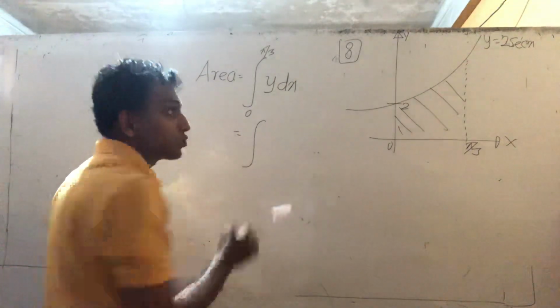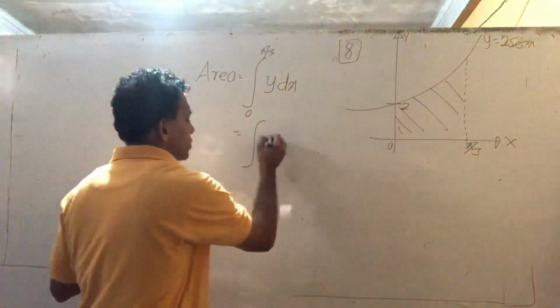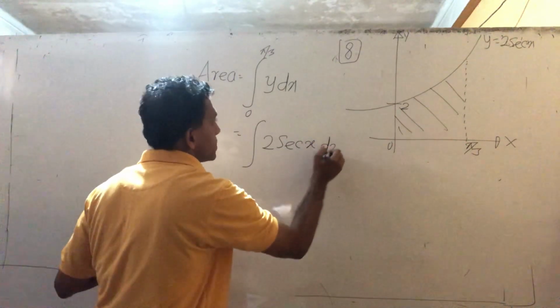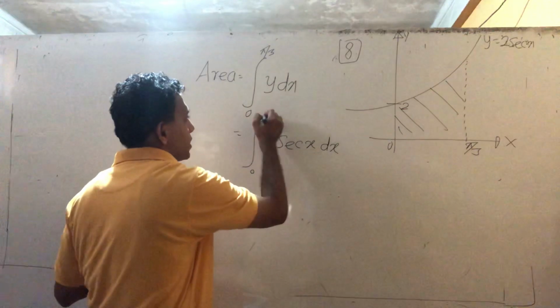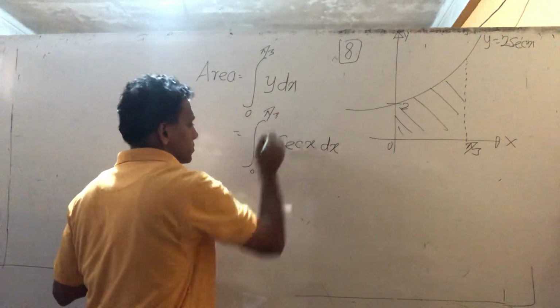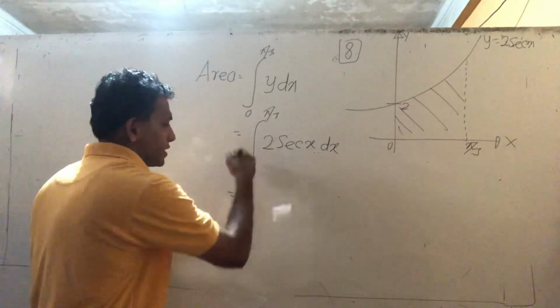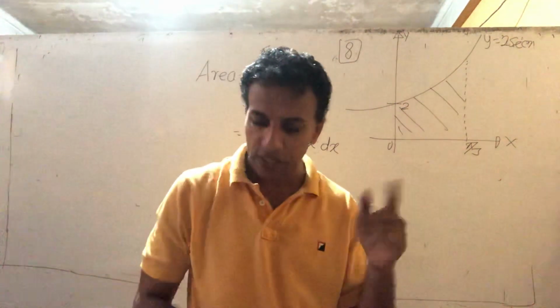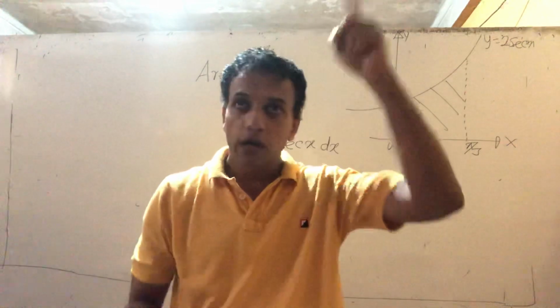So integral, what is y? 2 sec x, so 2 sec x dx from 0 to pi by 3. Take the 2 out. What is the sec integration? It's a standard integration giving a log form.